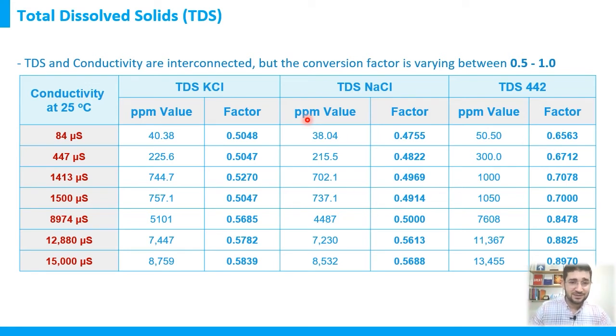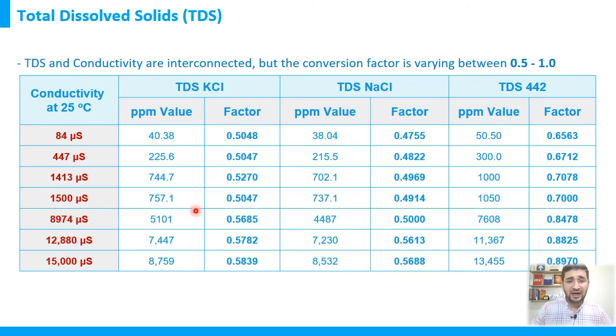Let's see those examples. For different types of water, from conductivity 84 microsiemens per centimeter up to 15,000 microsiemens per centimeter, we can notice one thing. If we did the measurement through the KCl option of the water sample of 84 microsiemens per centimeter, we can see that the value of TDS is only 40.3 ppm or milligram per liter, and the factor is 0.5.